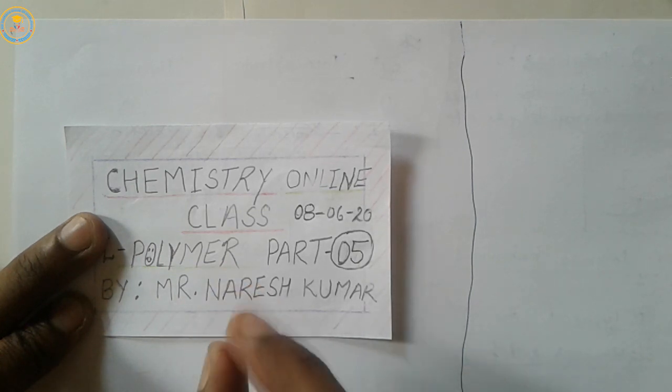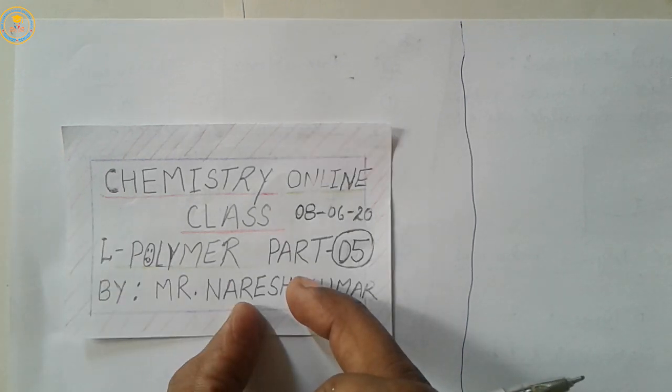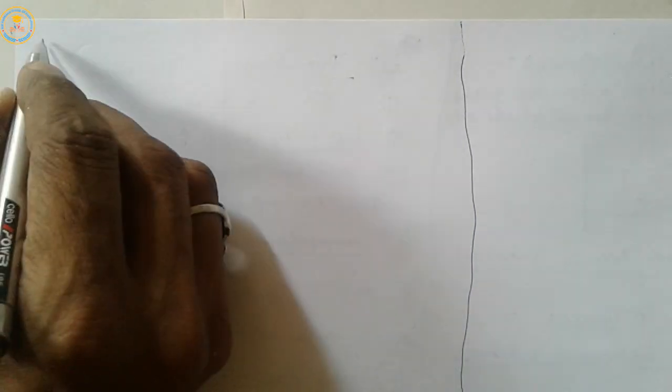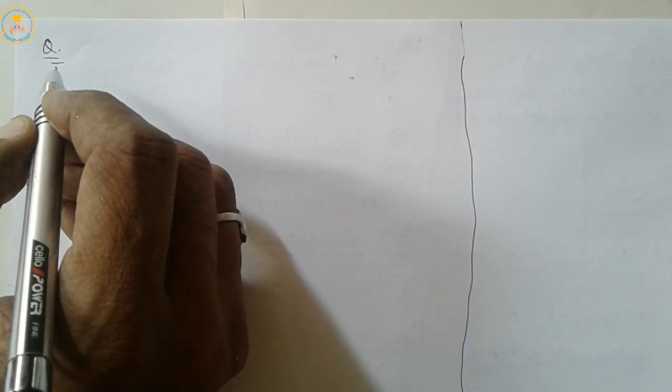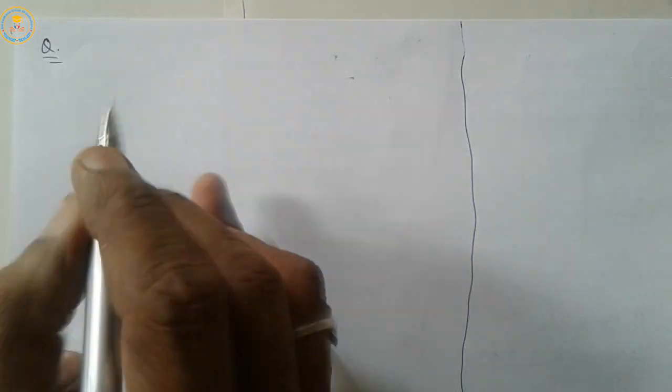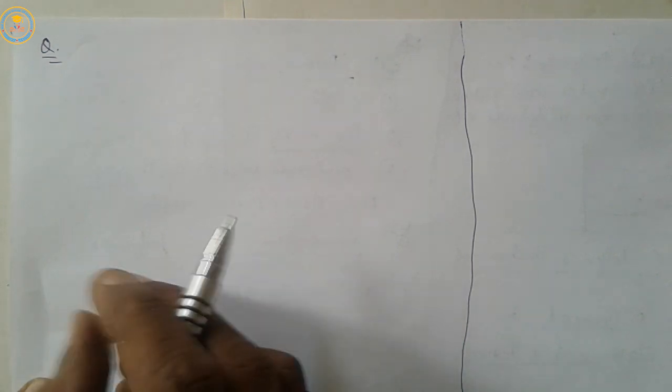It is an interesting online class. First, we discuss the homework questions. The question was: give an example of each homopolymer and copolymer.